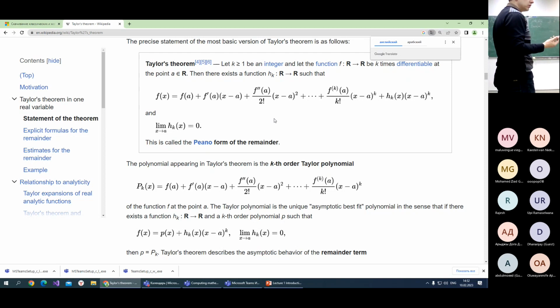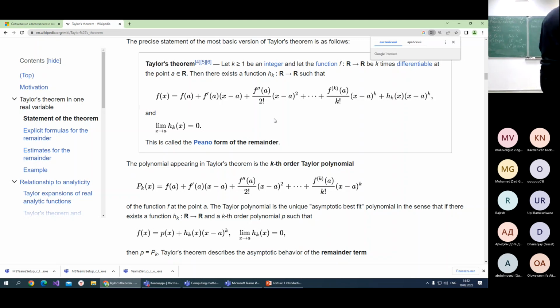Can we compute the value of the function f of x plus h using the value of the function at the point x? And Taylor's formula gives us the answer: yes, we can. I can write it in my notation. Let's use this one because it's closer to computers and mathematics.